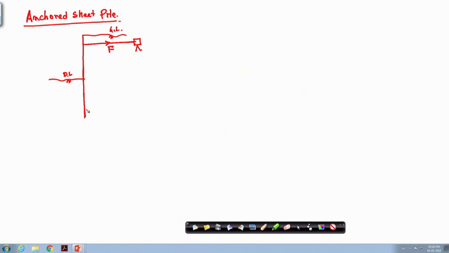Okay. So, here your deformation shape is considered as, so these are the two methods we generally consider. So, one is the free earth method, another is the fixed earth method.